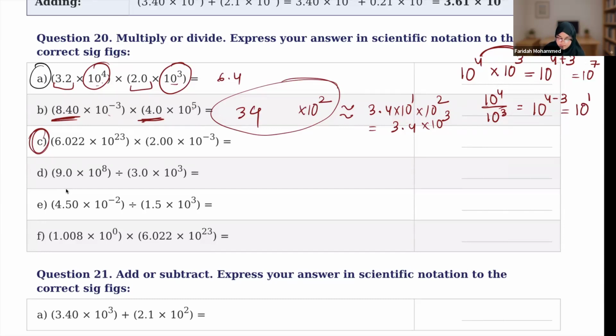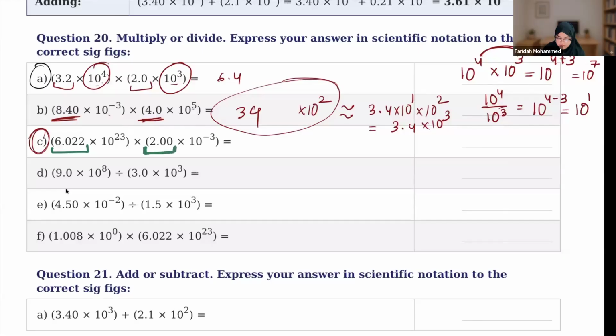Do you want to do it with me? Sure. What do we do first? Well, first what I did is I multiplied 6.022 with 2.00.